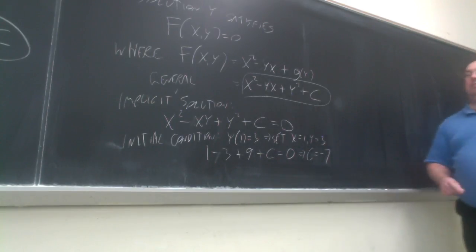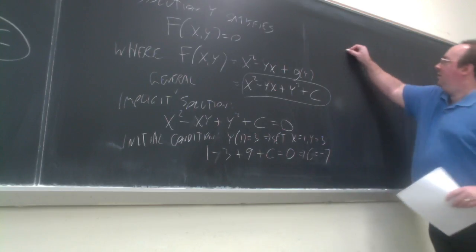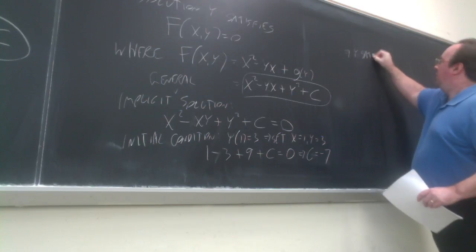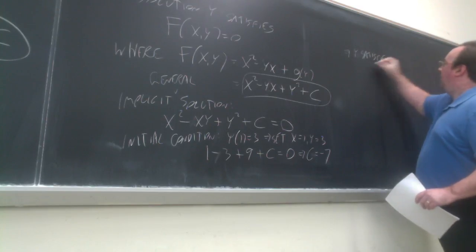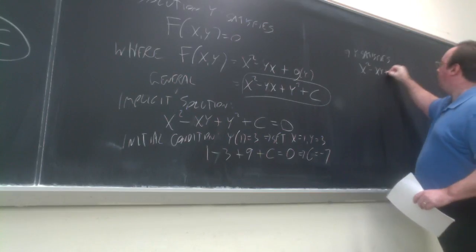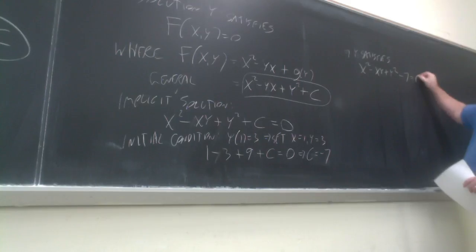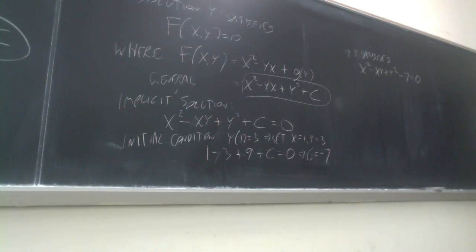Okay, so now we have an implicit description of our solution that satisfies the initial condition. So we have x squared minus xy plus y squared, and then we throw in the minus 7 is equal to 0. All right.